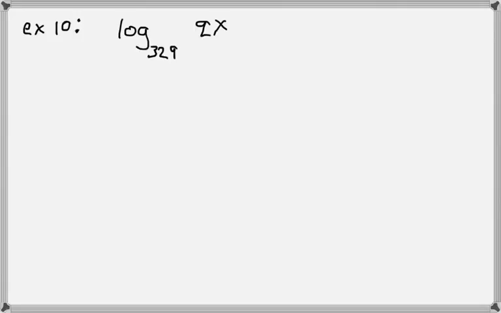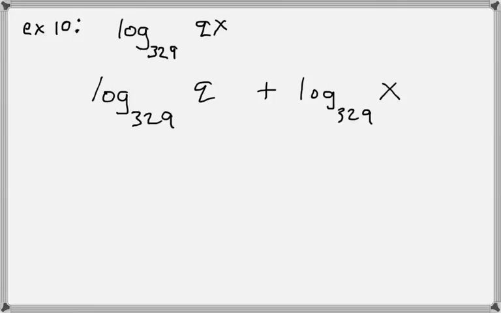Still matches our product property, so we can expand this and write it as the sum of two logs. So log base 329 of q plus log base 329 of z. And we have expanded that single log using the product property into the sum of two logs.